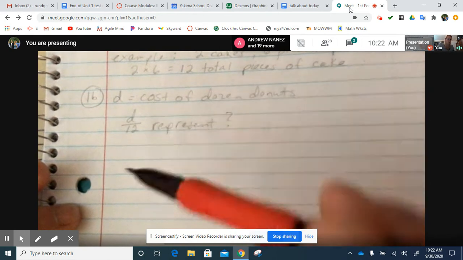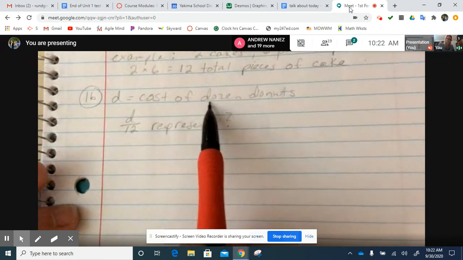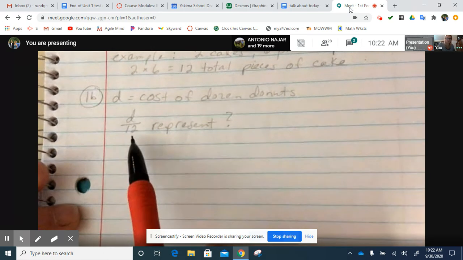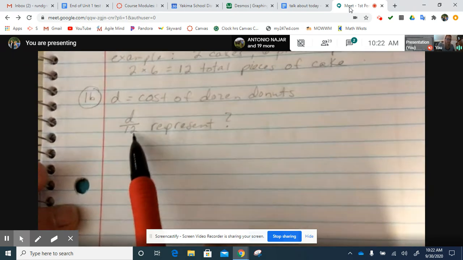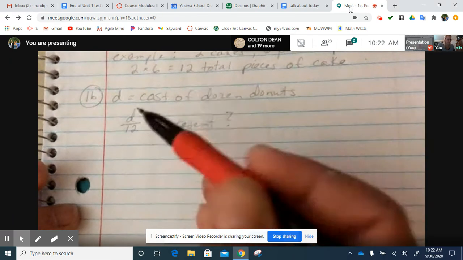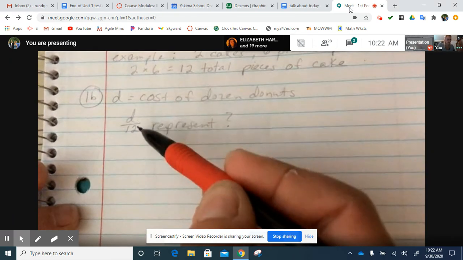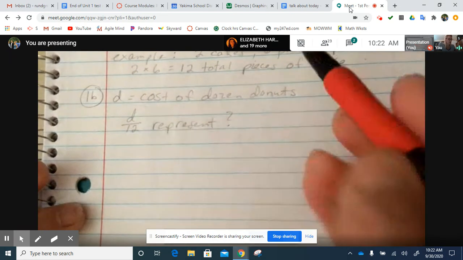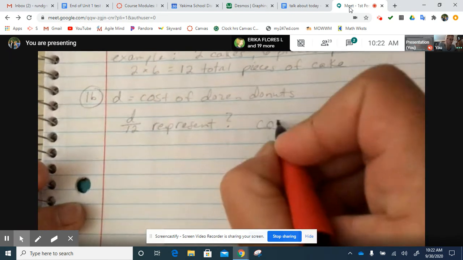How many is a dozen? A dozen is 12. That's exactly right. This is going to be the cost of each donut. You take the total cost and you divide it by how many you have. It's going to be the cost per donut.